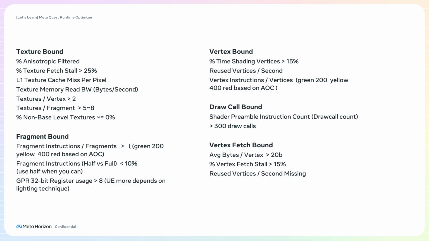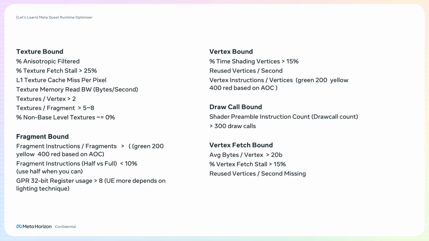This is maybe a little bit complicated, but this is just for reference for everybody here. These are the parts of the pipeline that we will detect boundness for in terms of what insights we're giving you. So like if you're texture bound, meaning that you have a certain bandwidth and available throughput here, and if you're reaching the limits of it, we'll flag that.